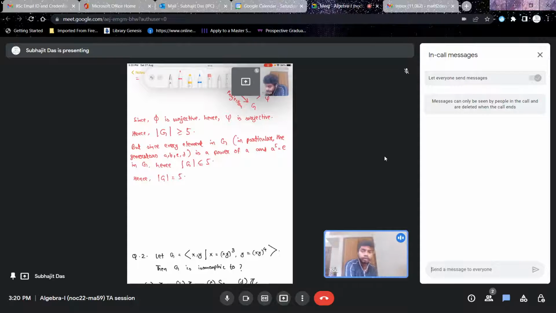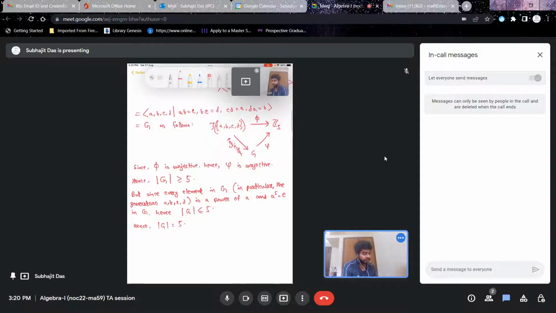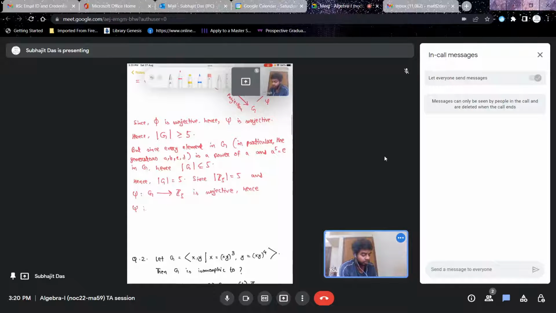And we know what is the only group. I mean, we don't even need that here, because since cardinality of Z5 is equal to 5 and psi mapping G into Z5 is surjective, we clearly know by the pigeonhole principle that hence psi is bijective, right? It's an isomorphism, therefore.